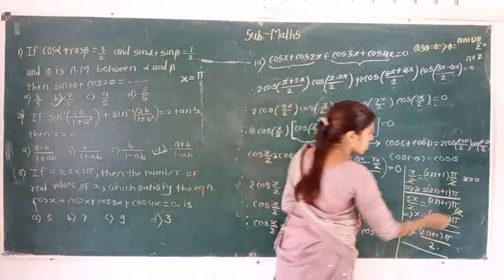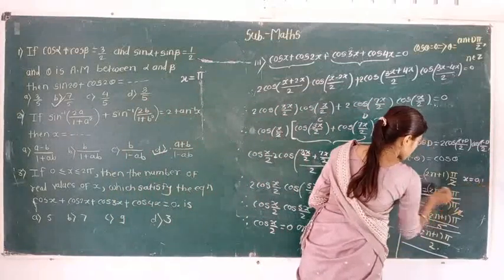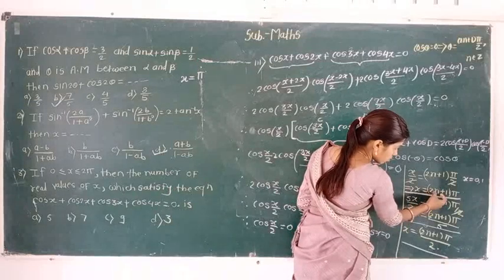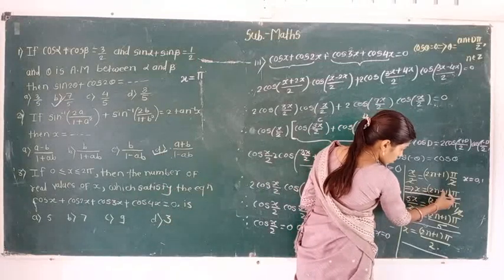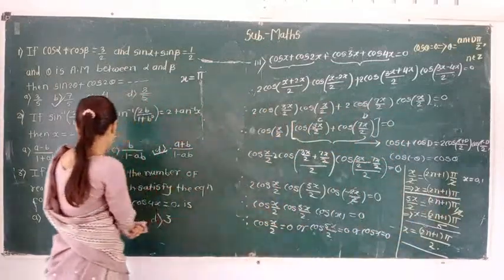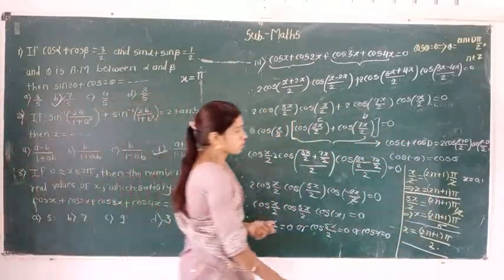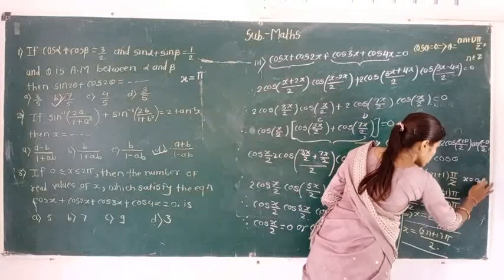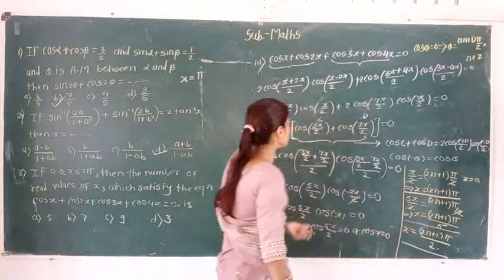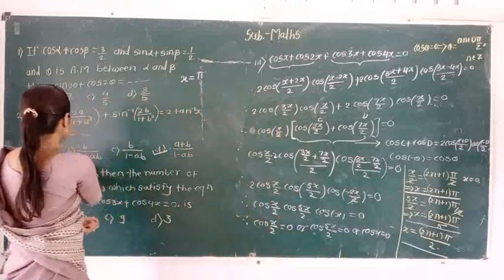Second, put n = 1: 2n+1 gives 3π. This is not included in the span 0 to 2π. So only substituting 0 we get the value π, which lies between 0 and 2π.